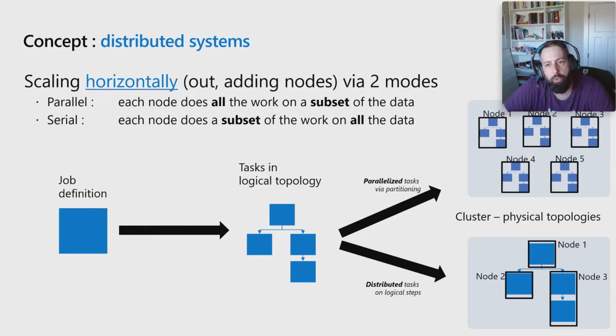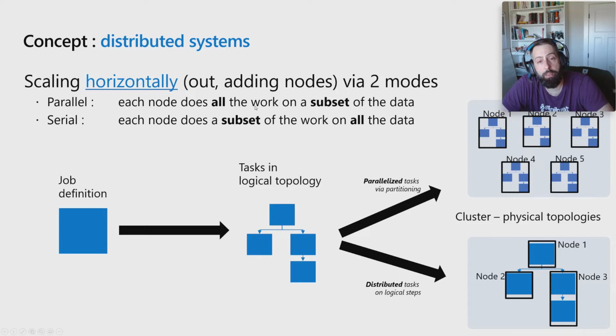One is to run in parallel, and that's the one at the top. I have my job definition, I look at the individual tasks, and I run all of those tasks in each of the nodes, but each of those nodes only has to process a subset of data. And we call that subset of data a partition.